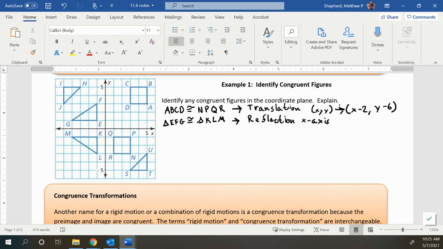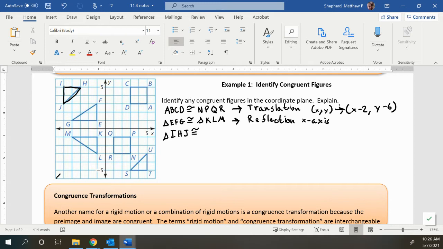All right, finally, I, H, J. So the triangle IHJ is going to be congruent to. Now, there's actually a couple ways we can go about this one. The way I'm going to start is with another reflection.